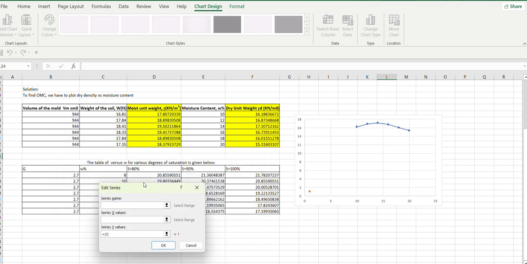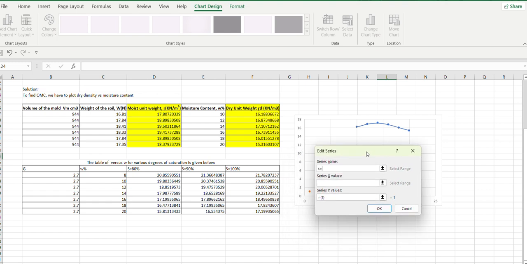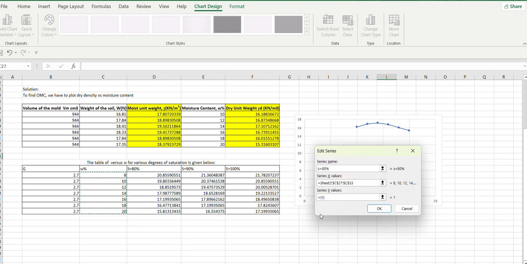We have to add the series for S is equal to 80%. X value is still moisture content, and for y value it is this column.